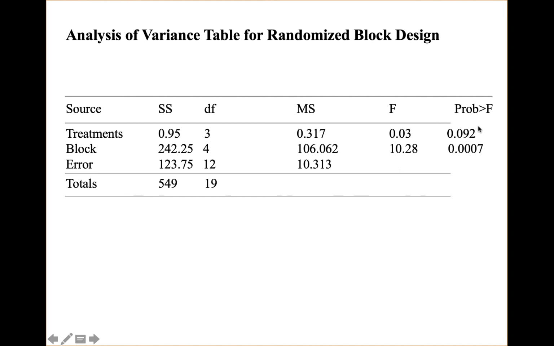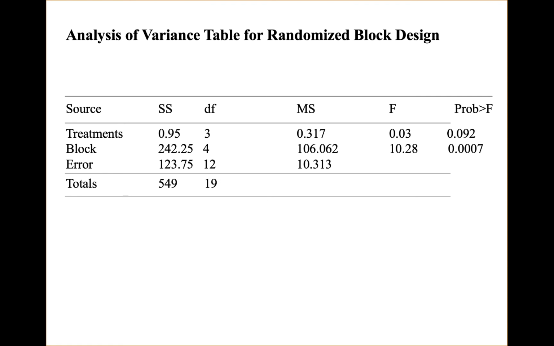What we see is that for treatments, there was no significance because this value is greater than 0.05, but our block was significant, meaning that there was a source of variation among the weights of the goats.